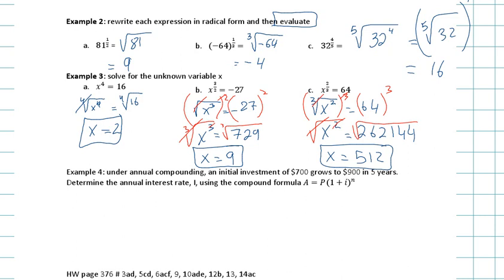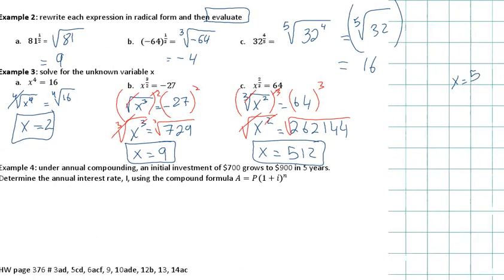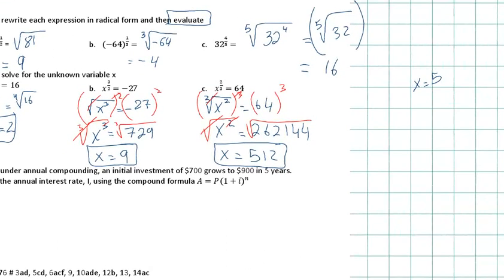Are we okay with this? Now there's a shortcut for this. I'm going to show it to you, but you don't have to use it. If I have x to the power of 2 over 3 equals 64, to get rid of the power of 2 over 3, I can raise both sides to the power of 3 over 2, because technically I'm doing a power of 3 and then a square root.